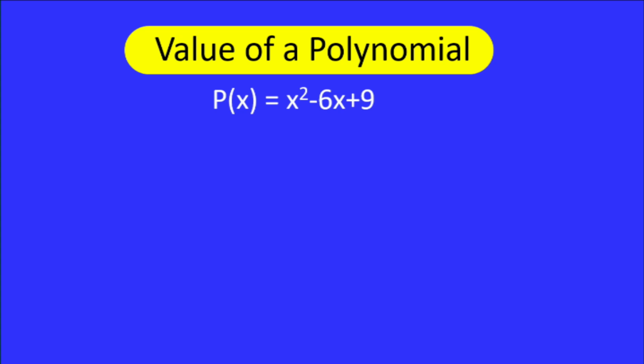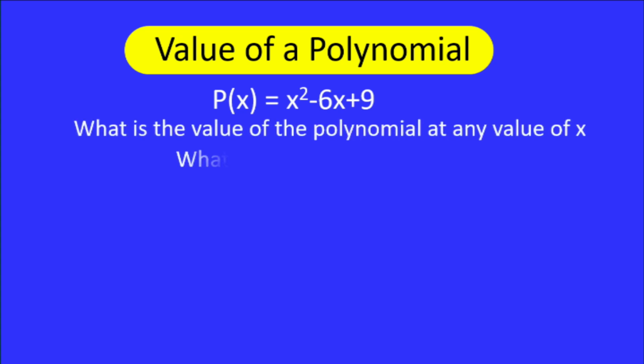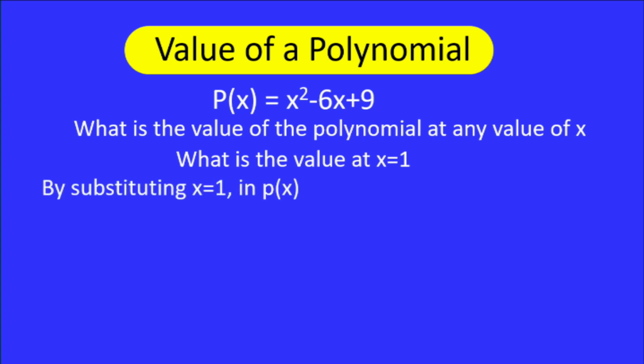How to find the value of this polynomial at various values of the variable x? What is the value of this polynomial at x equal to 1? If you take x equal to 1, what will be the value? For this, we have to substitute x equal to 1 in this polynomial. Replace x with 1.